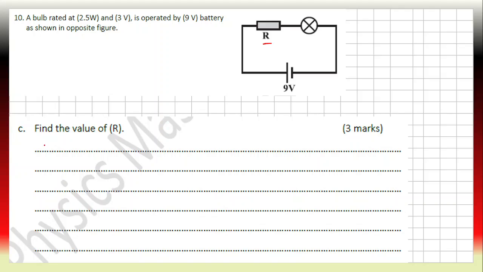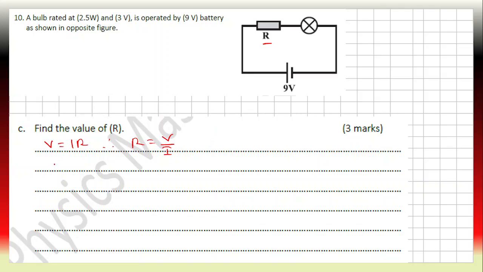Mostly we always use V equals IR. Therefore, we always have R being equal to V over I. Do we have the current? Because this is a series connection, the current flowing through the bulb is the same current flowing through the resistor R. So we have the current.